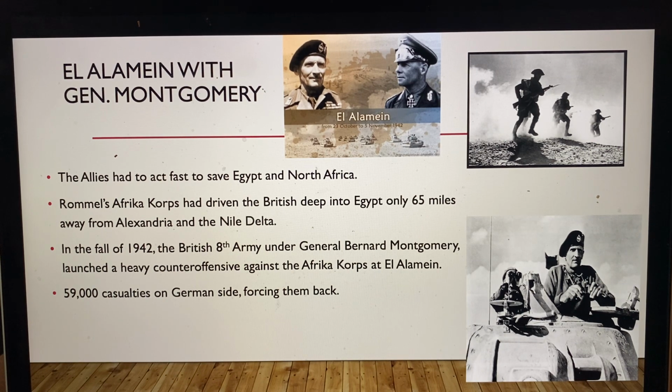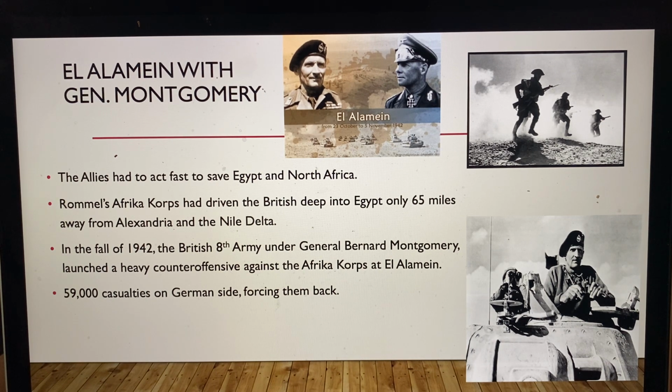So in the fall of 1942, the British 8th Army under General Bernard Montgomery launched a heavy counteroffensive against the African Corps at El Alamein. So here comes Montgomery. He's fighting against the German aggressor Rommel.